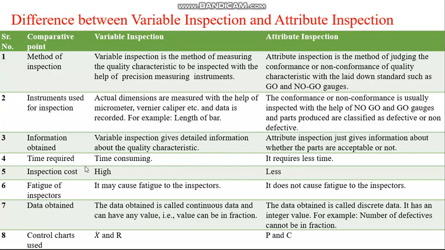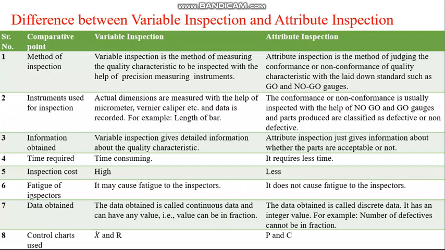If we talk about time required, variable inspection takes more time, attribute inspection takes less time. Inspection cost: with precision instruments measuring the variables, the inspection cost is high, whereas the attribute inspection cost is low.